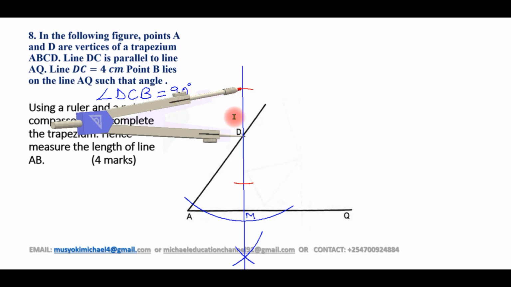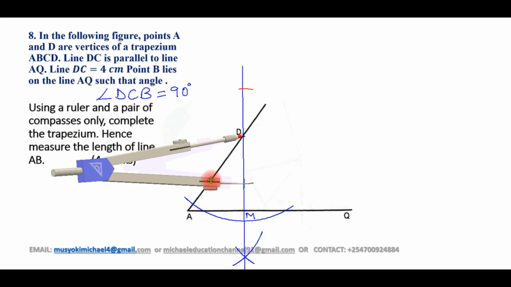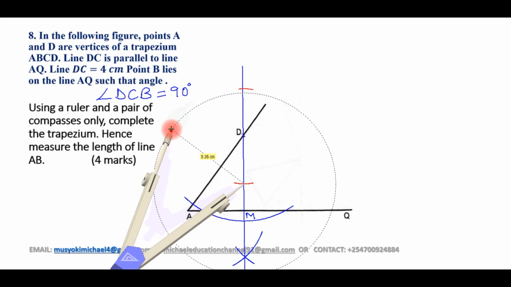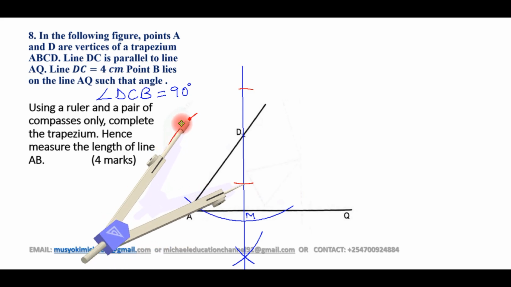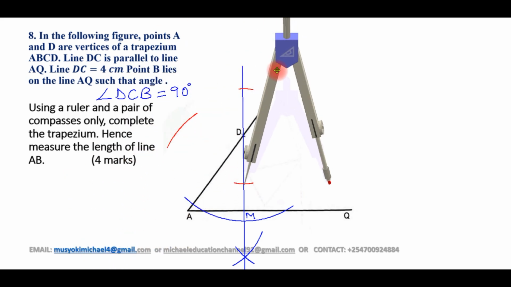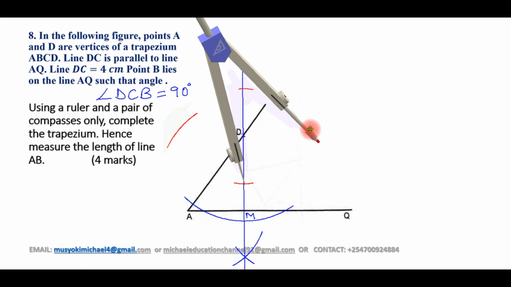So using this arc here, I'm going to draw a perpendicular, an arc, bisect. So let me adjust the radius, so put a mark there, and also on the other side I do the same.